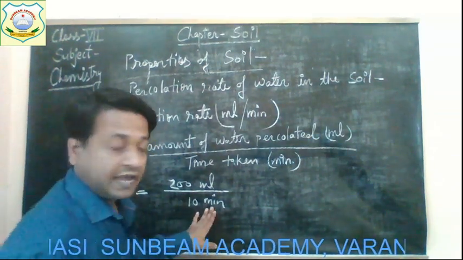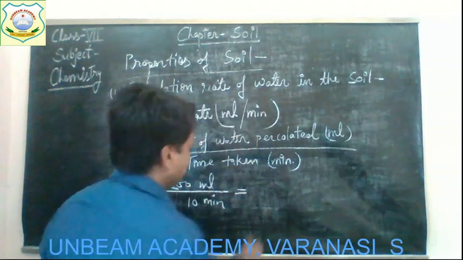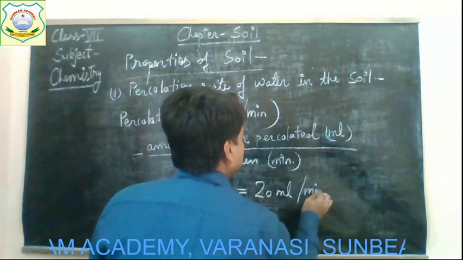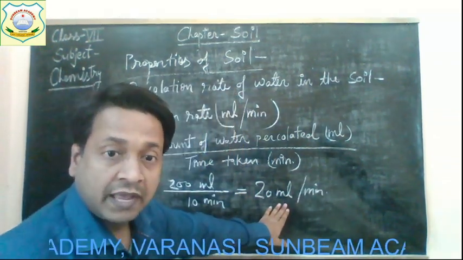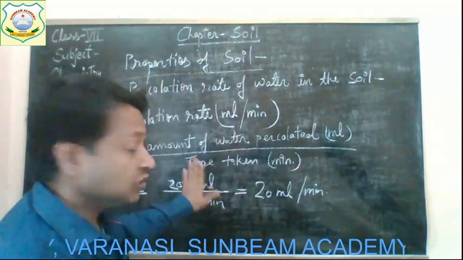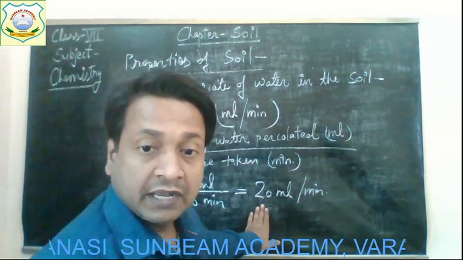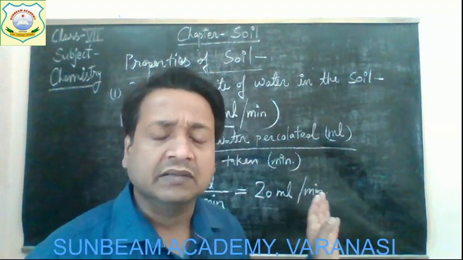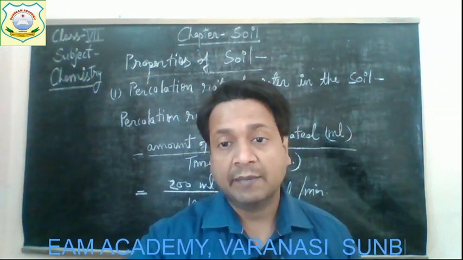And the rate will be 20 ml per minute. So the soil percolated 200 ml of water in 10 minutes, which is 20 ml per minute. Got it, children? Similarly, we can find out the percolation rate in the other soil samples.